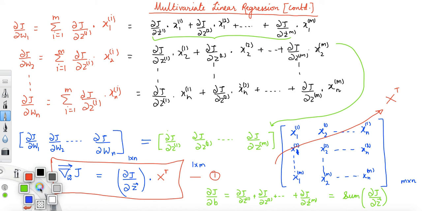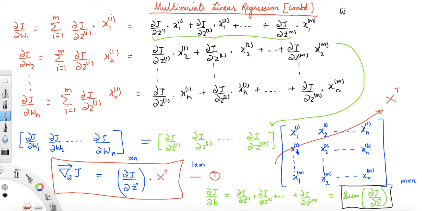So this is the second equation for the update of b. So this is the gradient for b and this is the gradient for the weight vector, right? So using these two equations we can update w1, w2, wn and also b using gradient descent, right? Like this way.